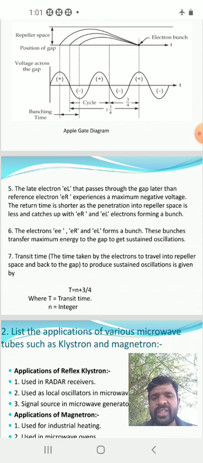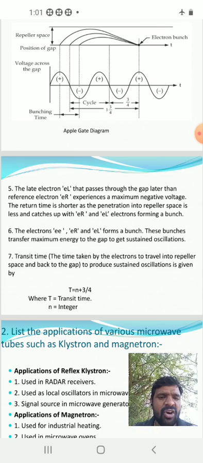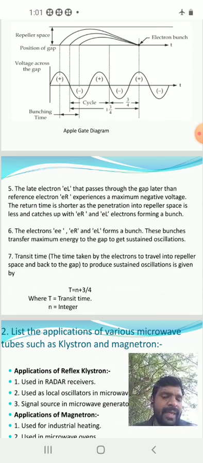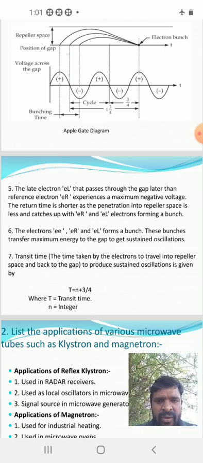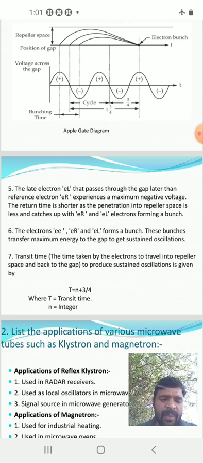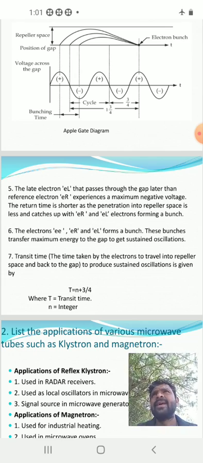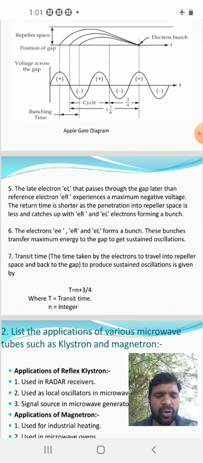Here the late electron EL and the reference electron ER penetrate the repeller space. In this way, since the space is less, EL catches up, forming a bunch. If bunching is increased, the space is more, that means the repeller electrode is at very high voltage.